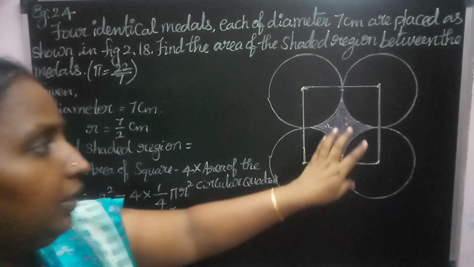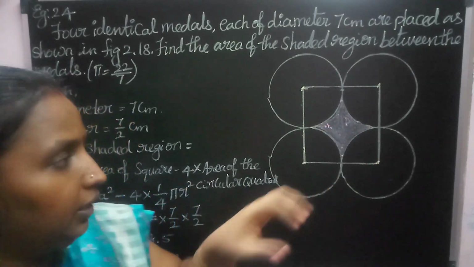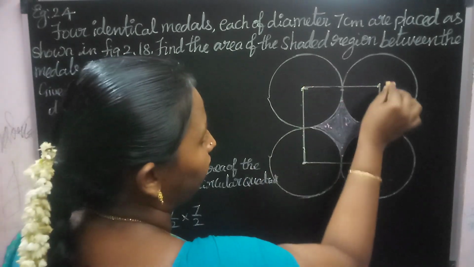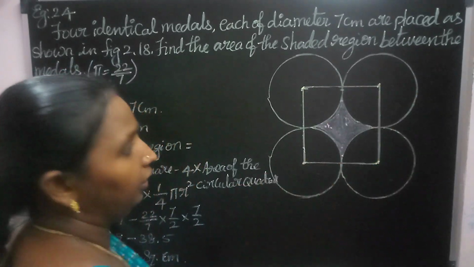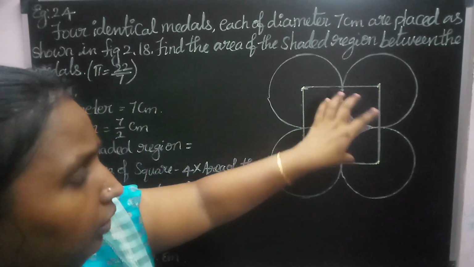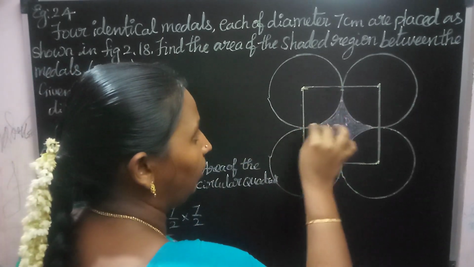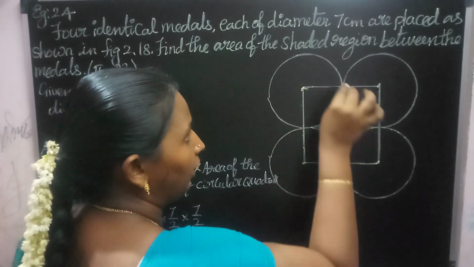How to find this shaded portion? Listen here, we can't find this shaded portion directly. See here, if you join the radius of each medal, it forms a square. This shape is a quadrant.